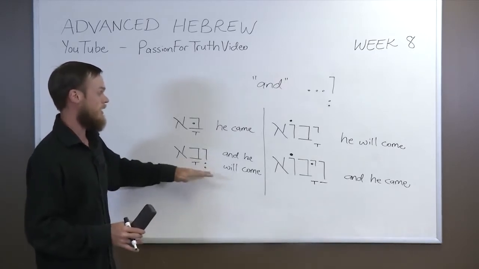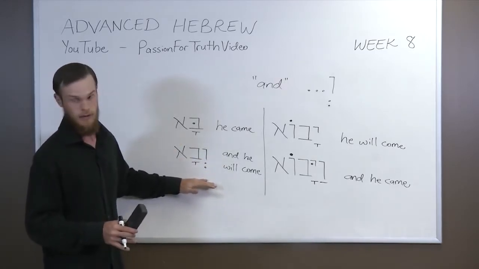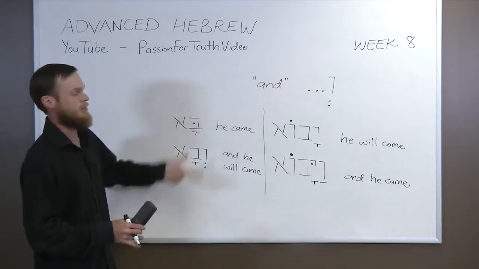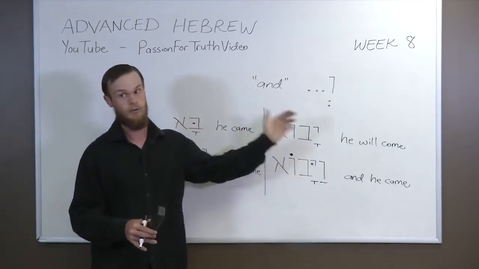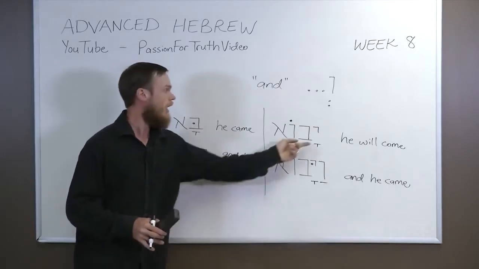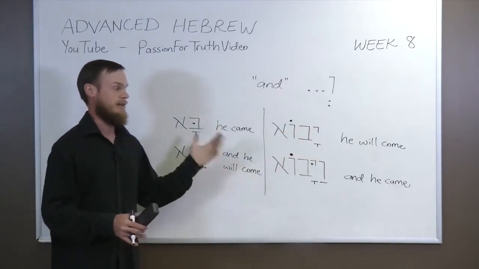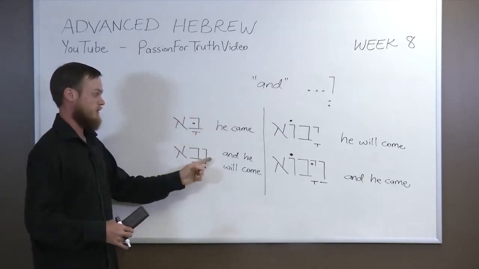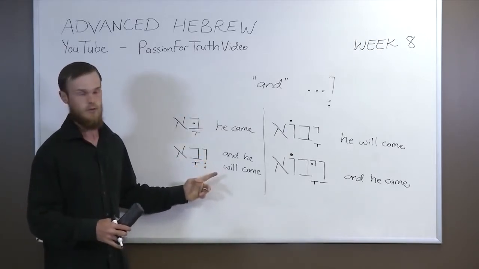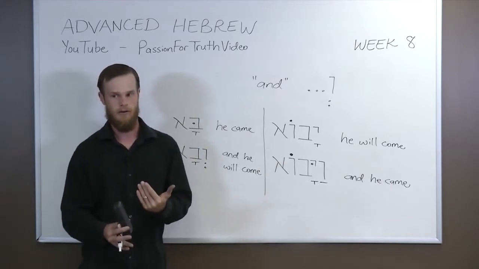Only if we're already talking about the future tense will this vav on the past tense flip it around. So if we start in the future, saying, he will come, and we say later, and he will come, if we're just being redundant for some reason, then we can interpret this as being future. So whatever tense you're in, it's going to tend to stay there.